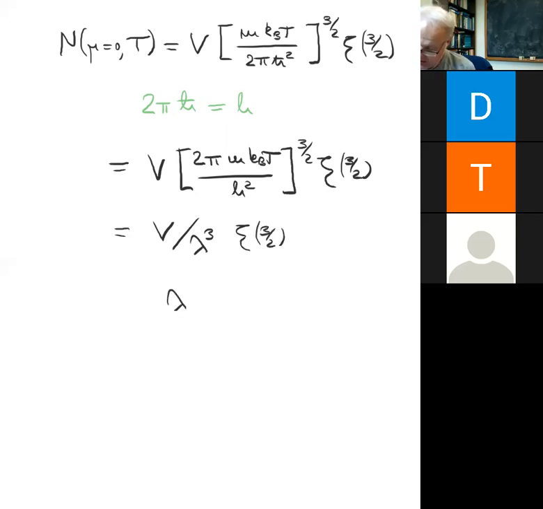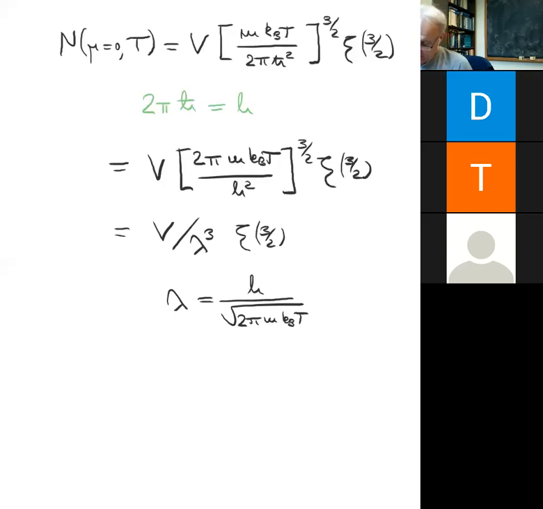The de Broglie wavelength is h over the square root of 2 pi m k Boltzmann T. That is roughly the wavelength of these quantum particles. If the temperature is very high, that's the classical limit, and the wavelength becomes very short. If the temperature becomes low, then you're more and more quantum.